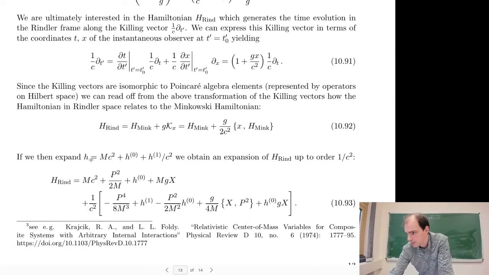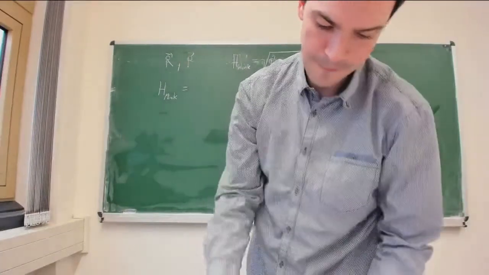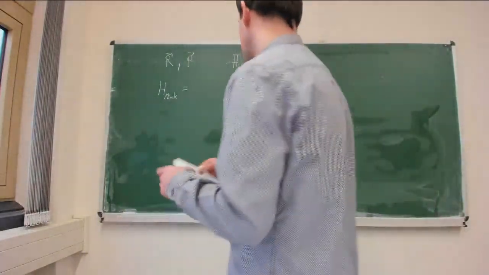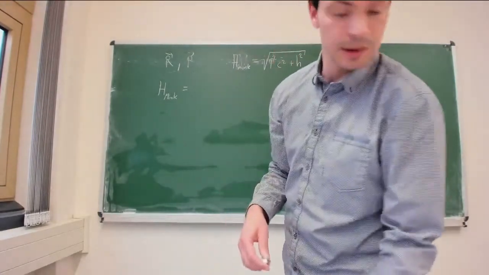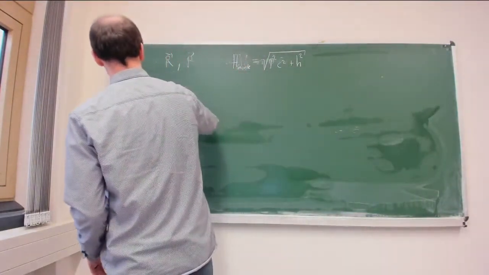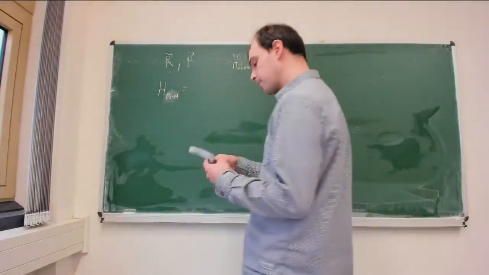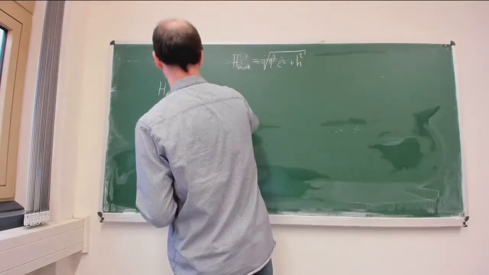And now we can expand the internal Hamiltonian in powers of 1 over c squared, and we end up with the center of mass Hamiltonian now, so in Rindler space. We end up with the following Hamiltonian.